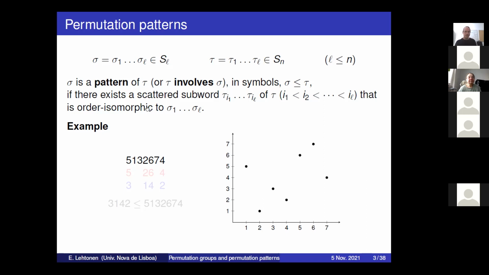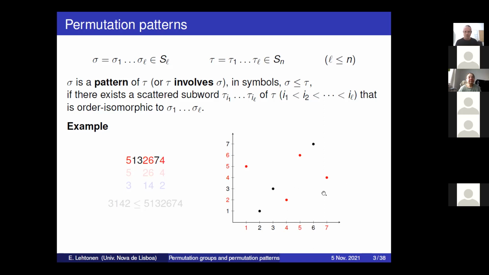Let us illustrate this with a little example, but here I will go in parallel with a little graphical presentation. So of course we can draw the plot of the permutation. Here is a permutation on the 7-element set, and this is its plot or graph. It's a finite set of points in the plane. Now we can choose a scattered subword, the ones with the red letters in the graph.